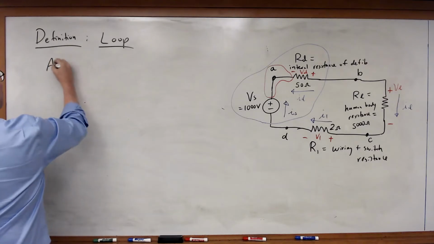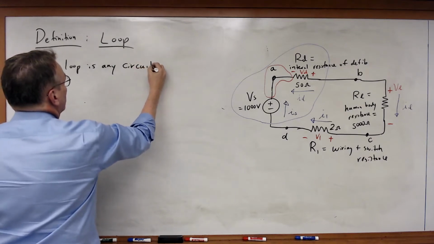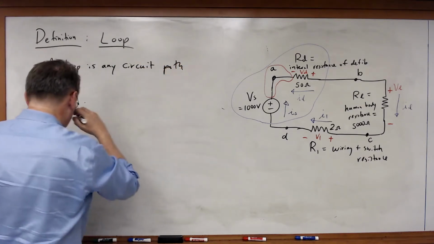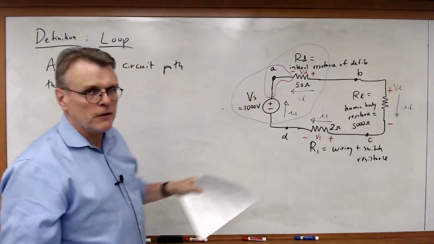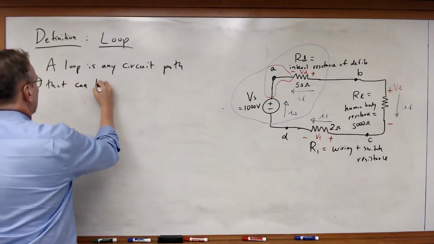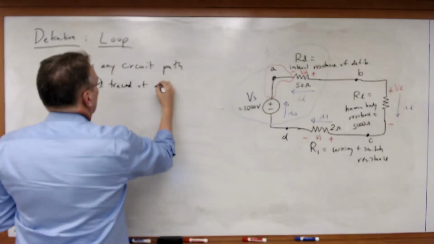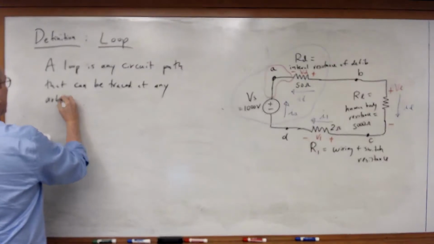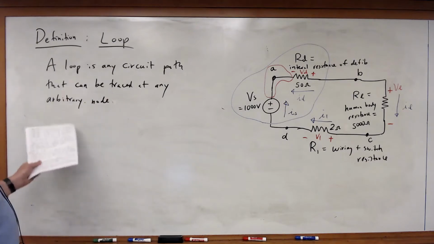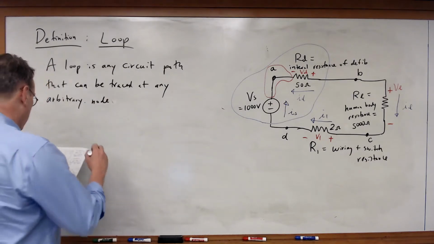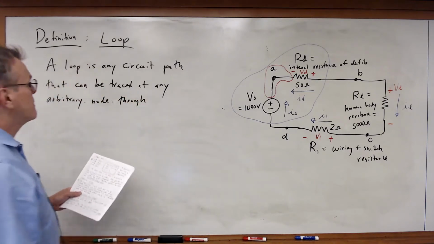A loop is any circuit path that can be traced starting at any point in the circuit, so we can just pick any arbitrary node in the circuit, any starting point we want, and then it can be traced through one or more circuit elements.